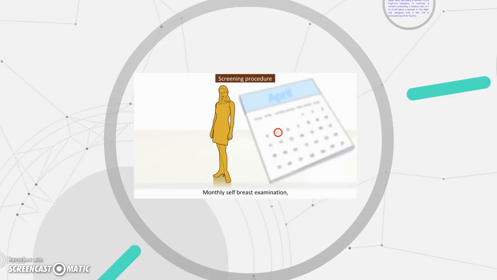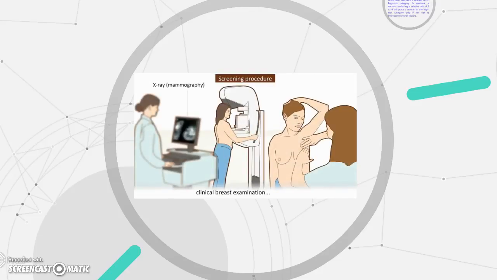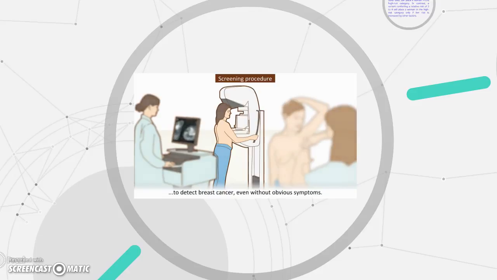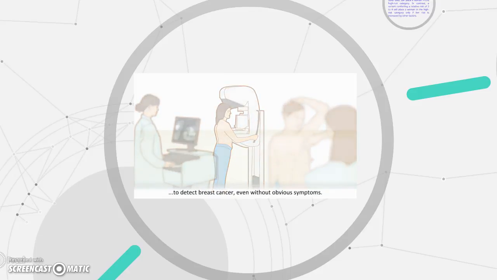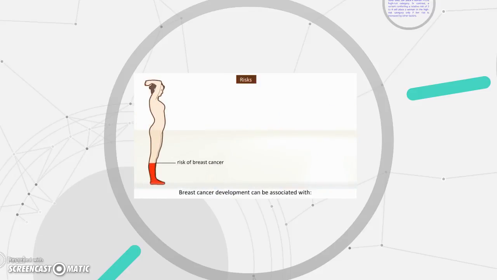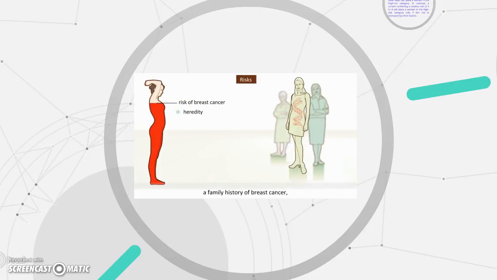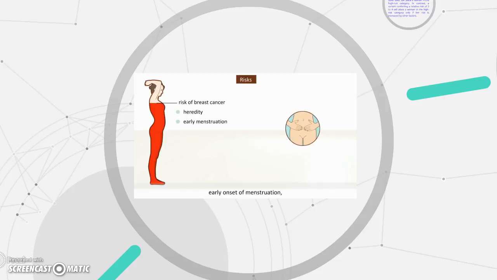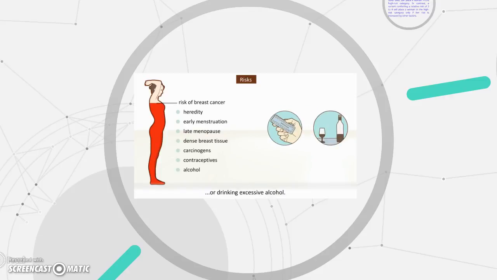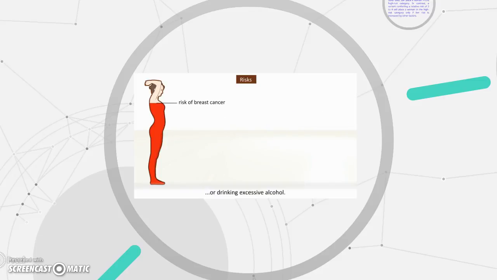Monthly breast self-examination, clinical breast examination, and mammography are the recommended routine screening procedures to detect breast cancer, even without obvious symptoms. Breast cancer development can be associated with a family history of breast cancer, early onset of menstruation, late menopause, dense breast tissue, exposure to carcinogens, the use of oral contraceptives, or drinking excessive alcohol.